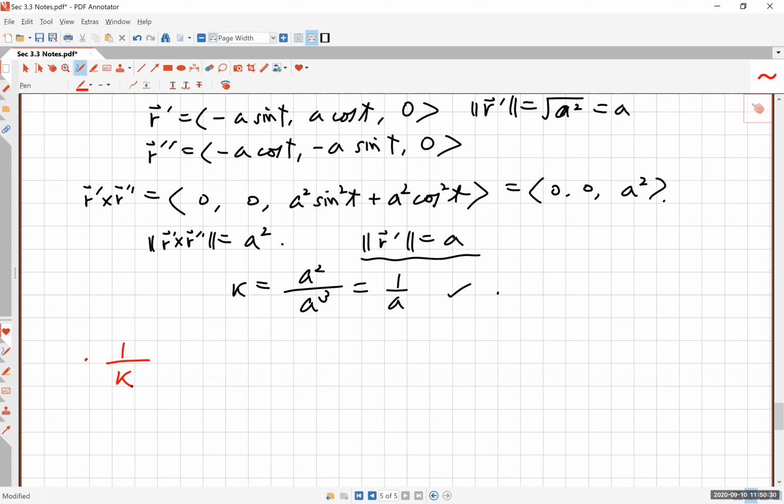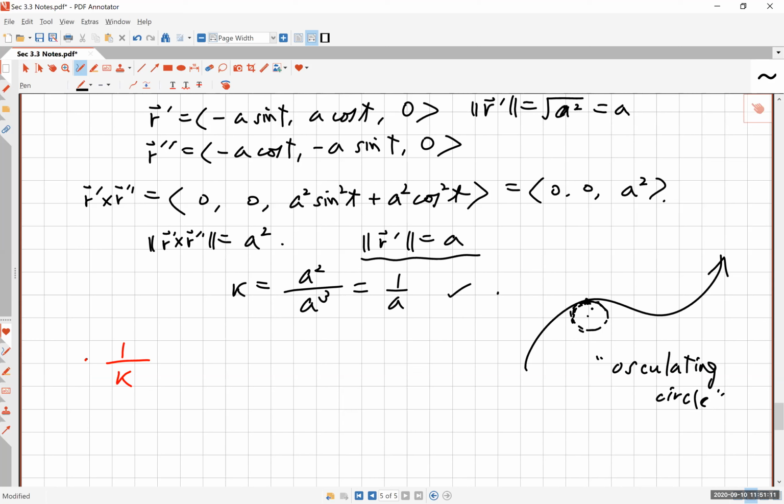And so if you have any kind of motion like this, and right at this point the curvature is, let's say, 5, then the circle of radius 1/5 would be the closest it gets to the curve at this point. So the curvature is matched, right? This circle is called an osculating circle.